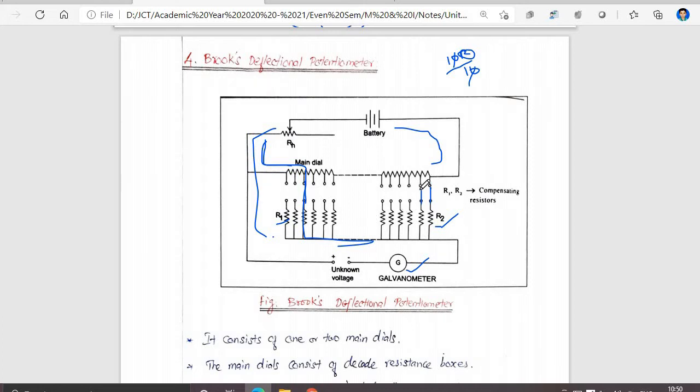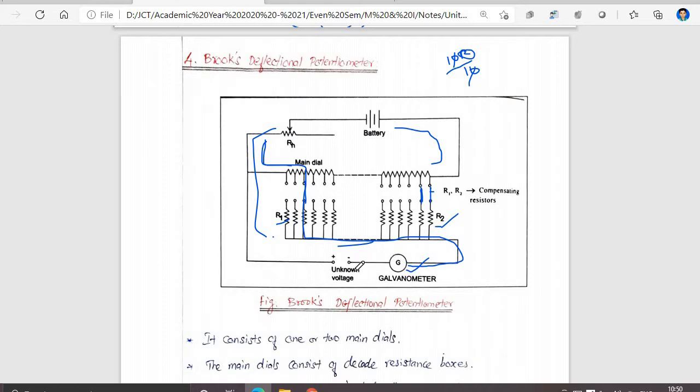Here you have to connect some point, because at a time any one point should be short circuited, and this resistance value and this resistance value are added and come to the galvanometer point. The other end of the galvanometer point is connected to the unknown voltage, because it is a ground potential.